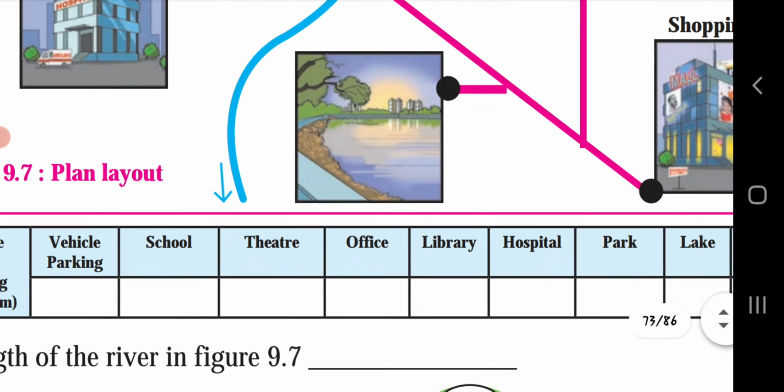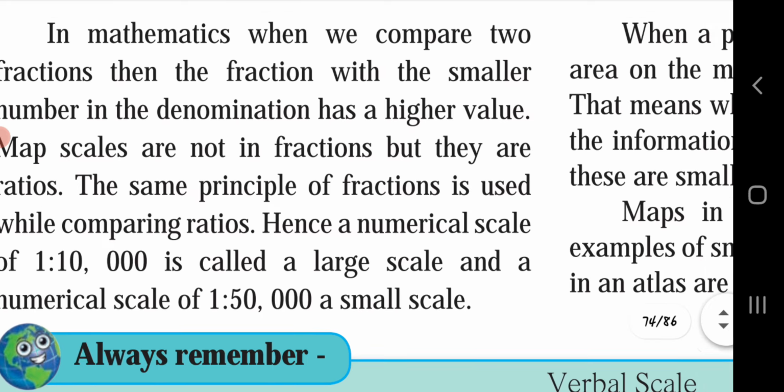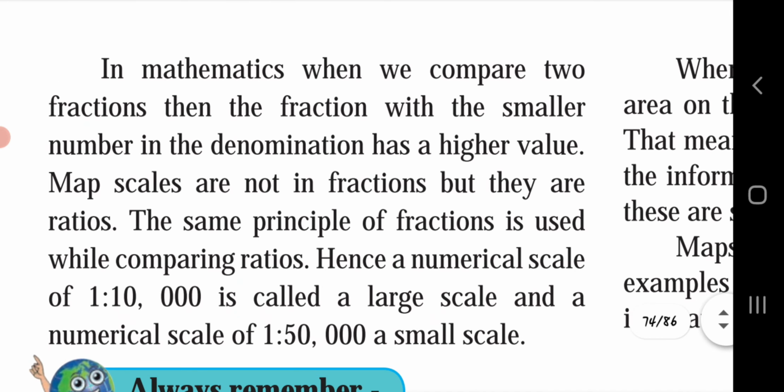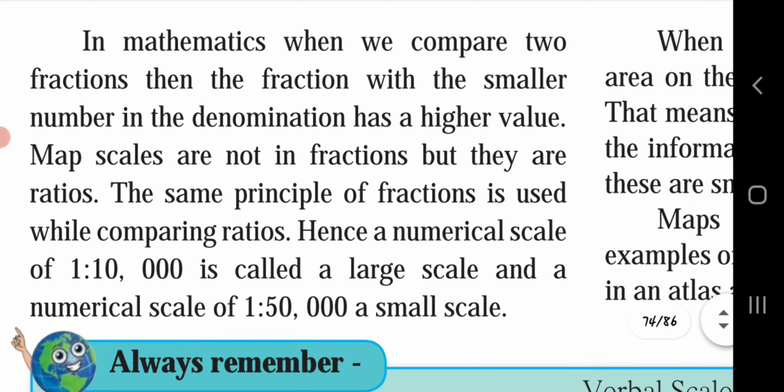And what are small scale maps? Maps which give general information about larger areas like a country, continents, or the entire world, and are expressed on a scale having a ratio smaller than 1:10,000 are known as small scale maps. In mathematics, when we compare two fractions, the fraction with the smaller denominator has a higher value. Map scales are not fractions, but they are ratios.